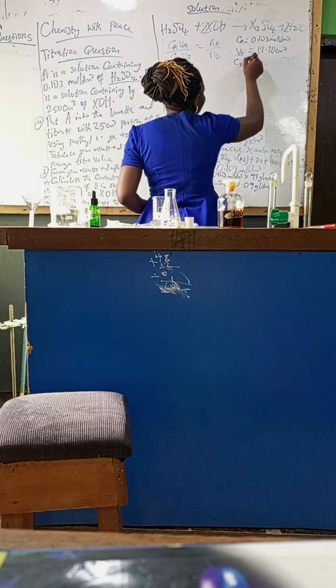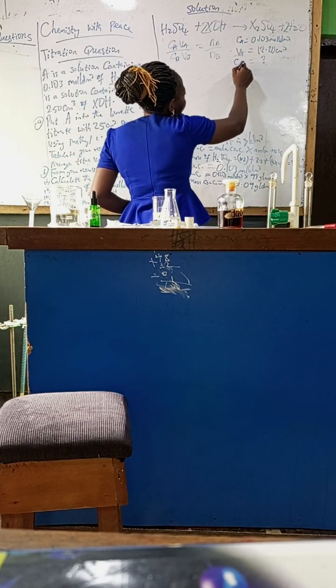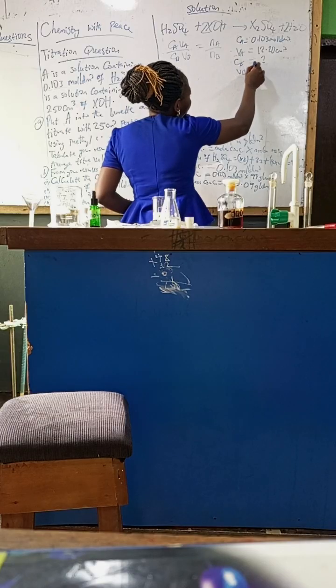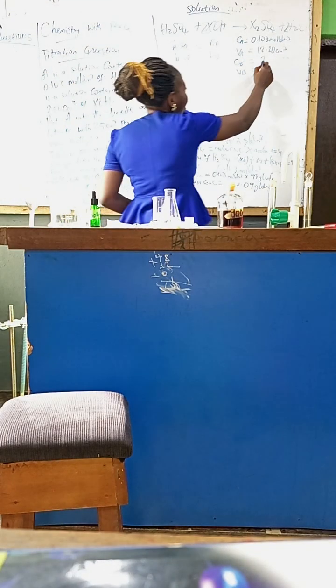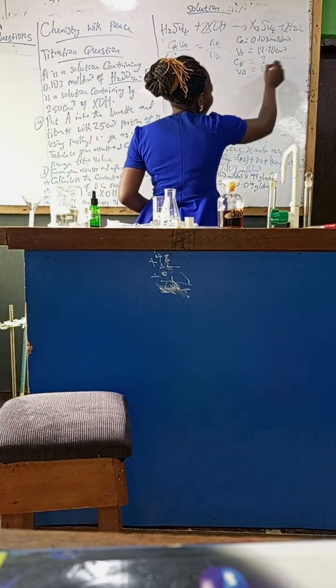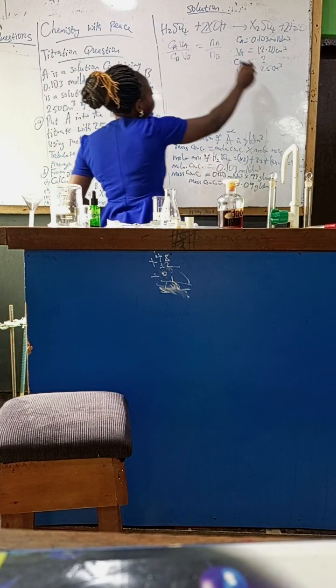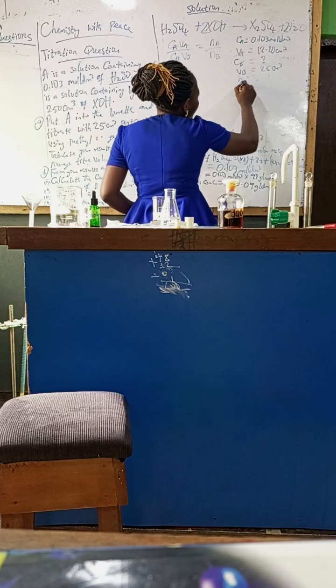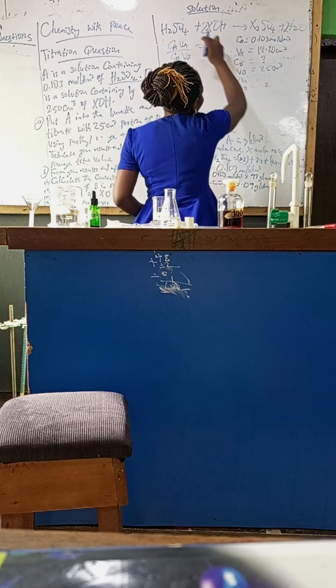Our CB is unknown, that's what we are asked to find. Our VB is the volume of the base that we use for the titration, which is 25 centimeter cube. Our NA from the equation is equal to 1, our NB is equal to 2.